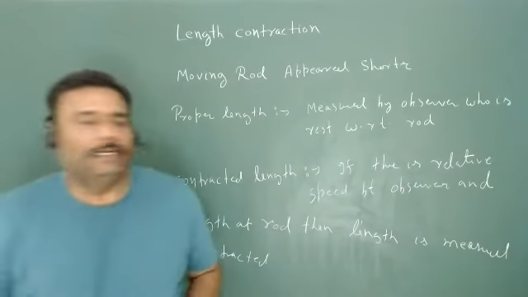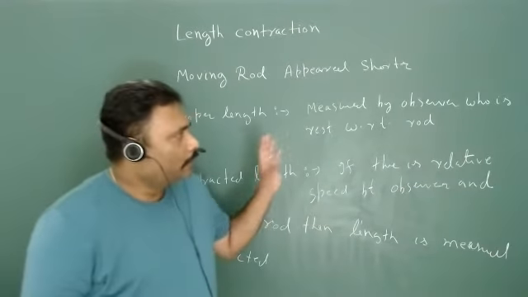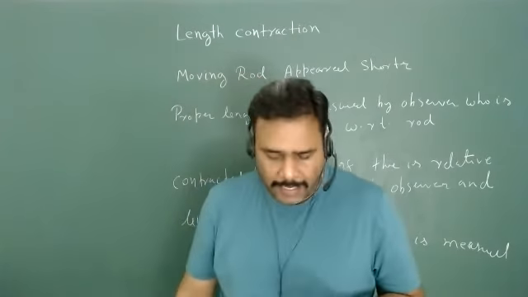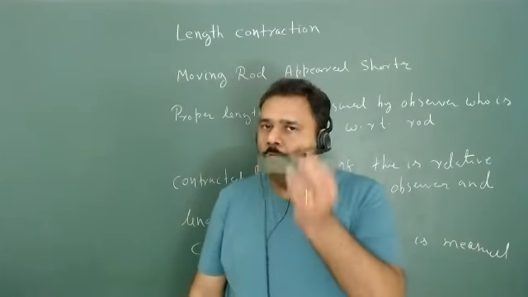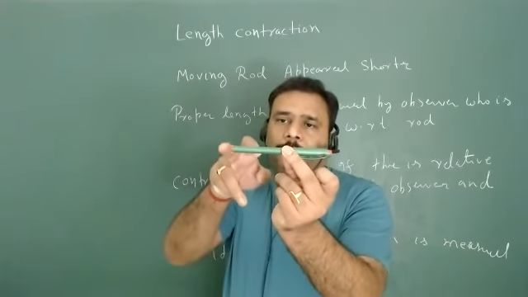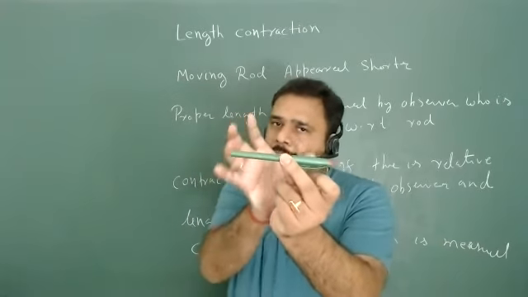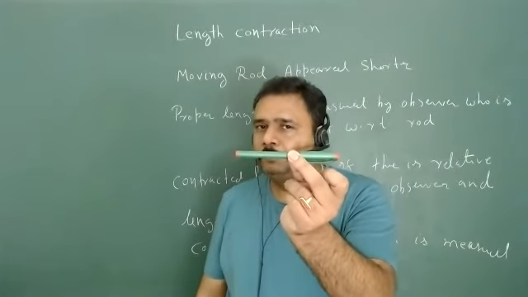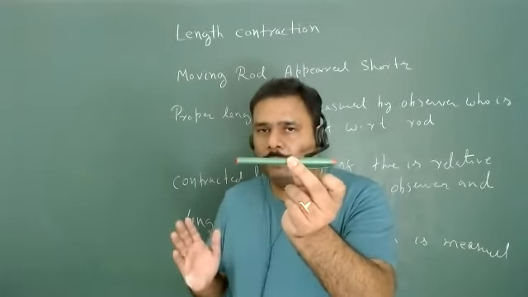But before that, let us derive this length contraction. Now you can see, if you want to see this length, then obviously you have to see these two points at the same time. Are you comfortable?